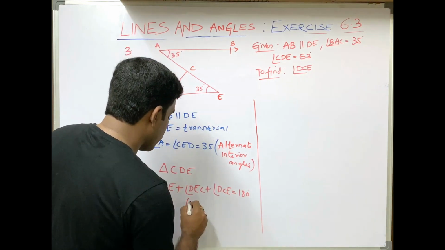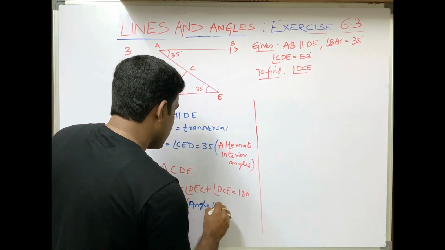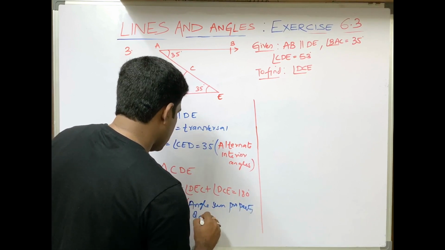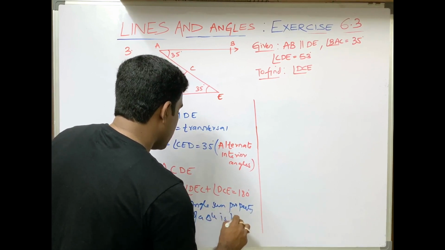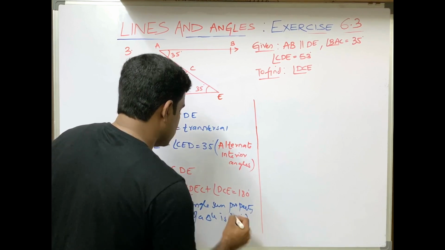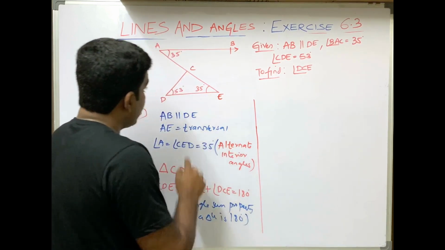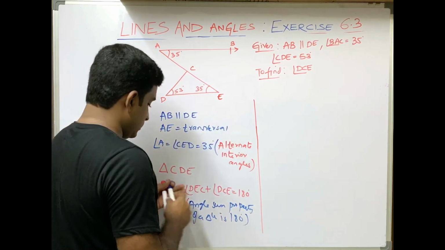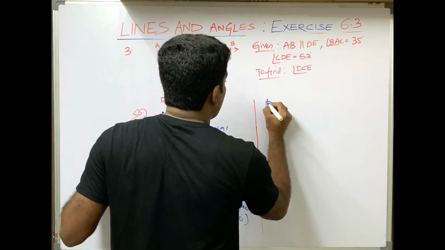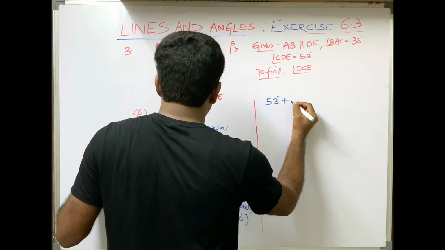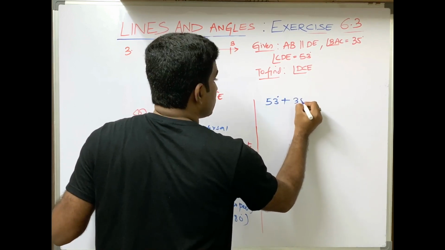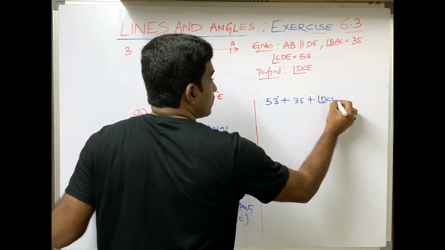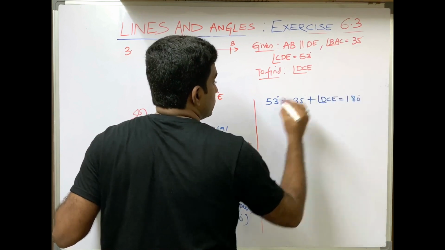Angle sum property of a triangle is 180 degrees. Angle CDE we know as 53 degrees. Angle DEC we know as 35 degrees. Angle DCE we have to find out, equal to 180 degrees.